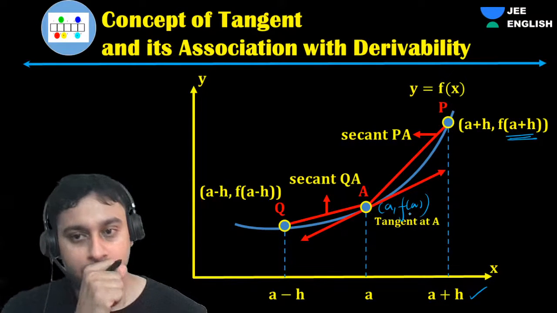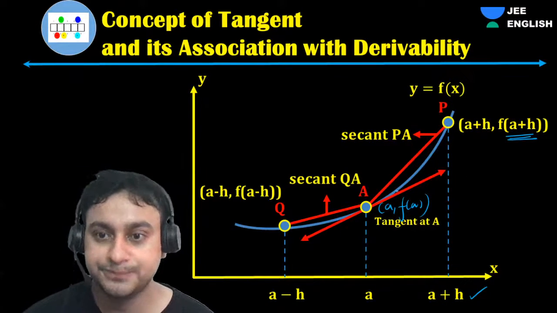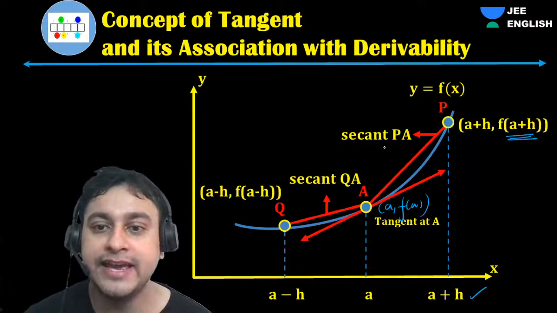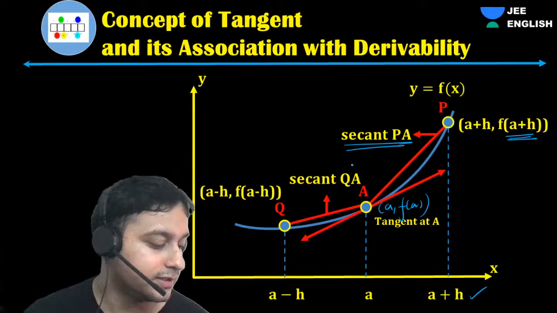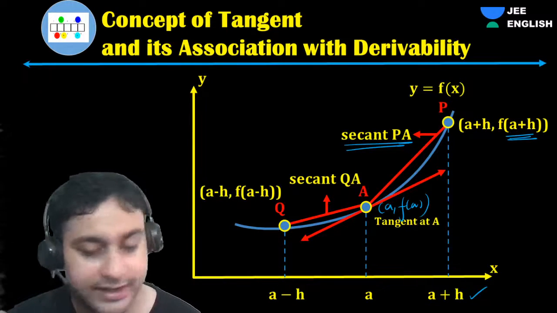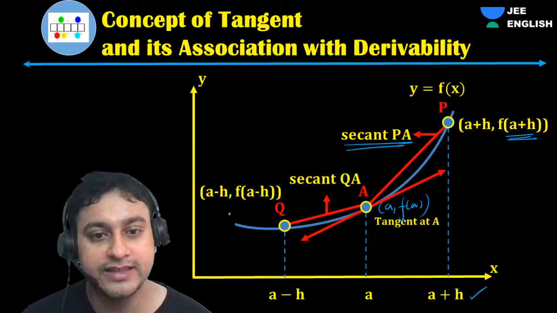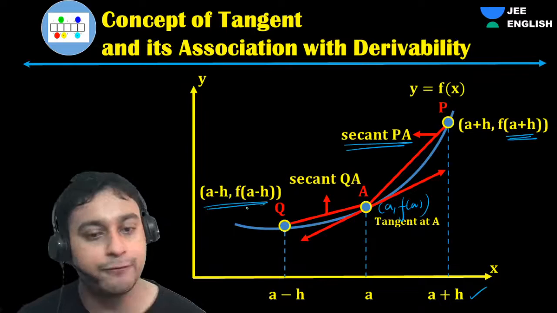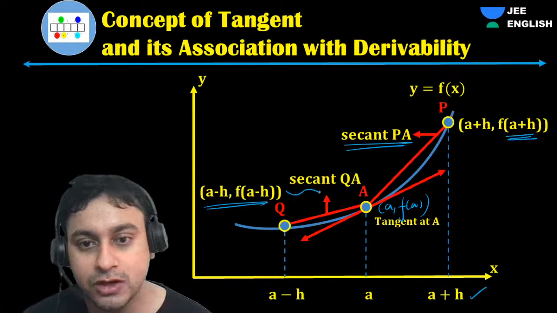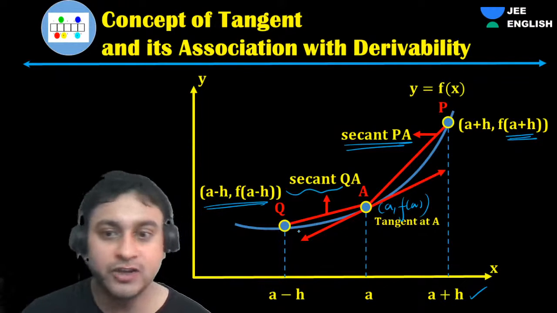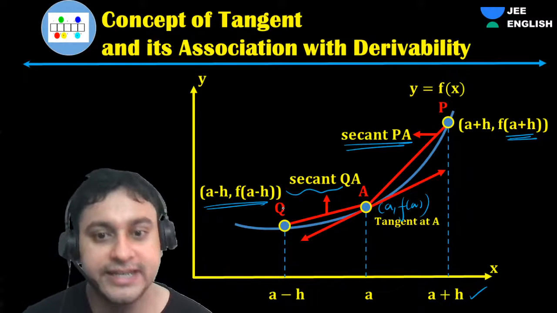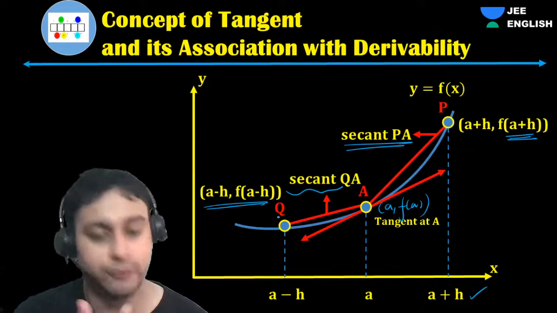At the moment this PA is a secant. Similarly QA, this is a minus h comma f of a minus h. So this is also a secant. There are two secants out here, right? Secant you can also say chord for the time being.